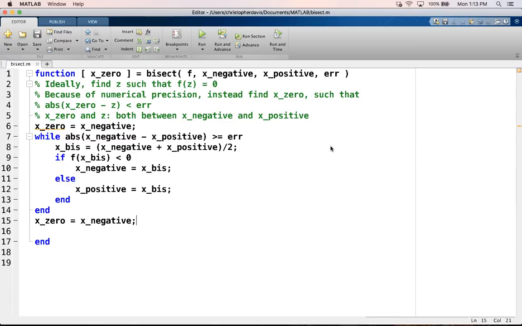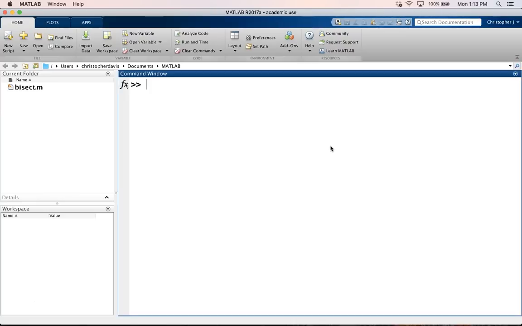So I want to test it out on some interesting function. So let's first set f. Let's set that to be x squared minus 2. So I'm going to use f as a function handle. And then for my bisect, so f I put here.